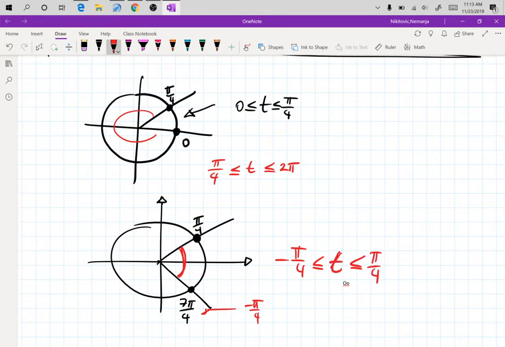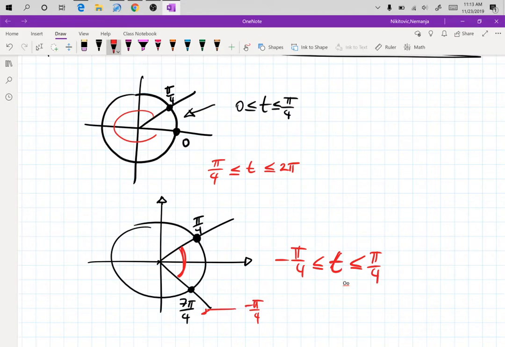And we are going to use this particular idea in our polar coordinates next lecture to describe some of the stuff that we need to. So reference angles help in this case.